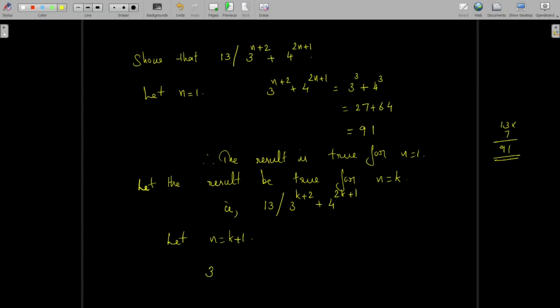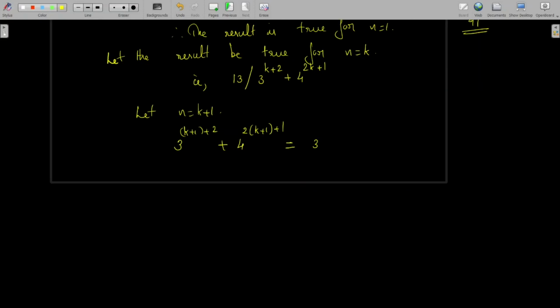For that we take 3 raised to k plus 1 plus 2 plus 4 raised to 2 into k plus 1 plus 1, and we have to show that this is a multiple of 13. Now this equals 3 raised to k plus 3 plus 4 raised to 2k plus 2 plus 1, that is 2k plus 3.